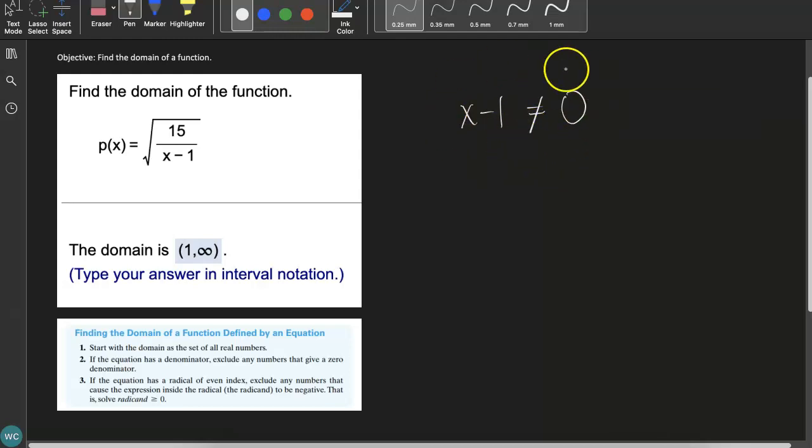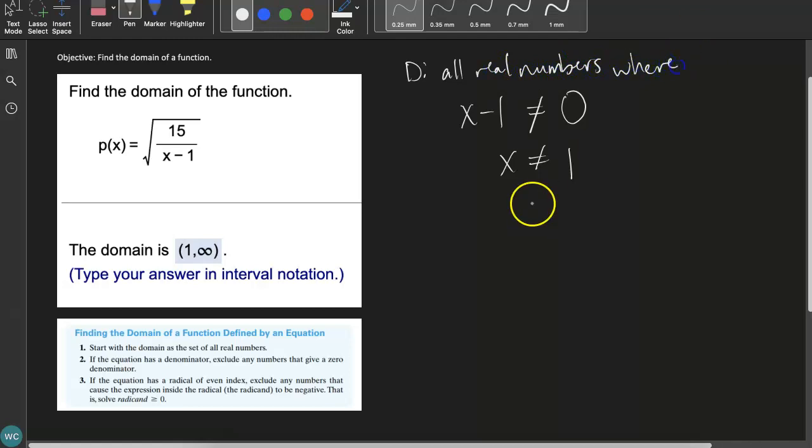So we're really solving this inequality statement. To do so, we add 1 to both sides and we get that x cannot equal 1. So at this point, we now know that the domain is all real numbers where x does not equal 1.